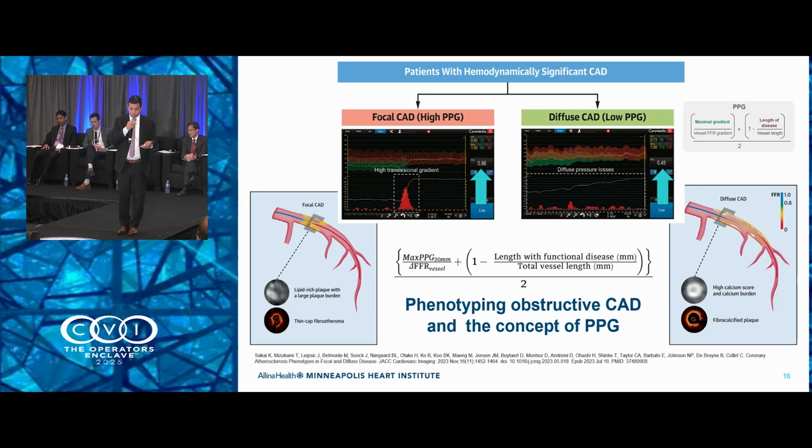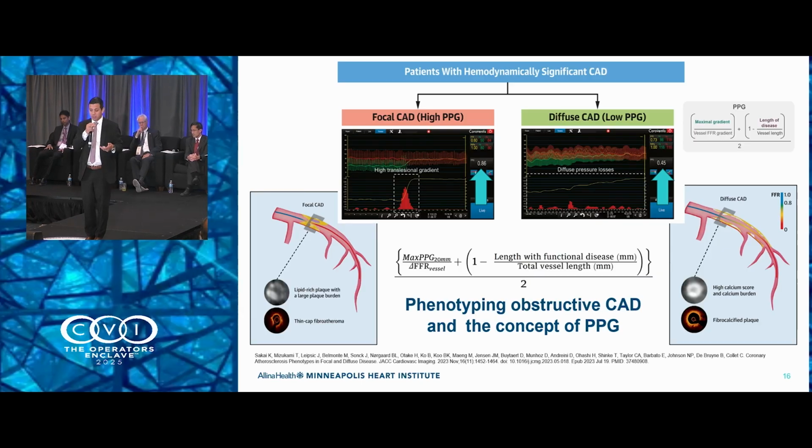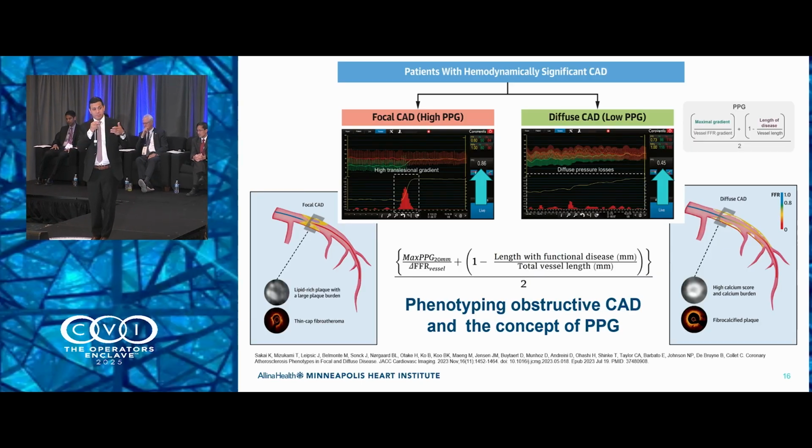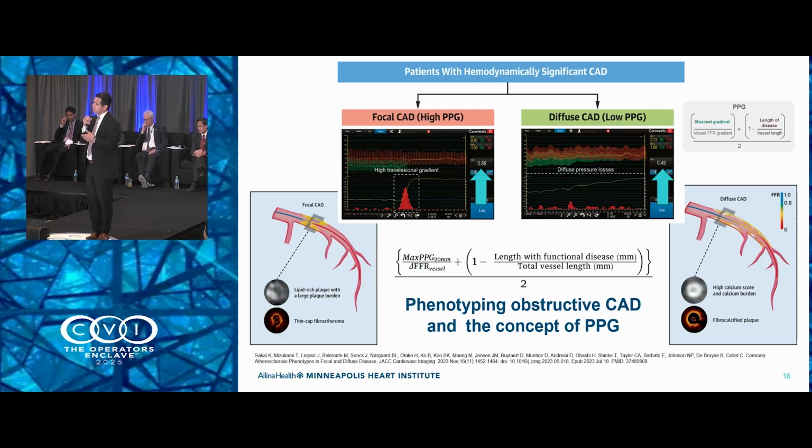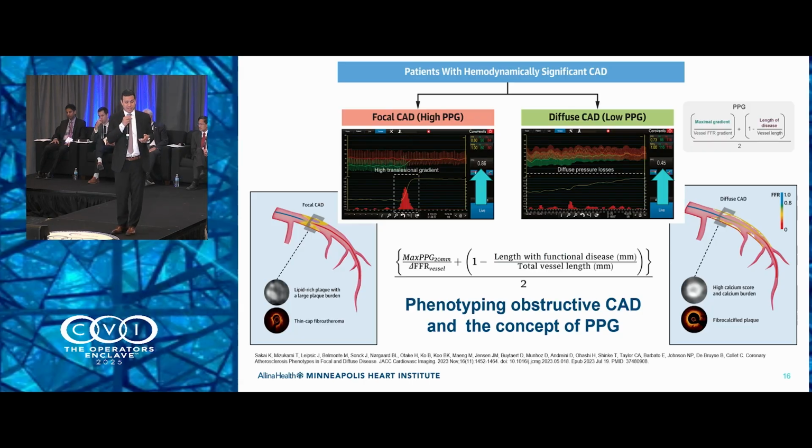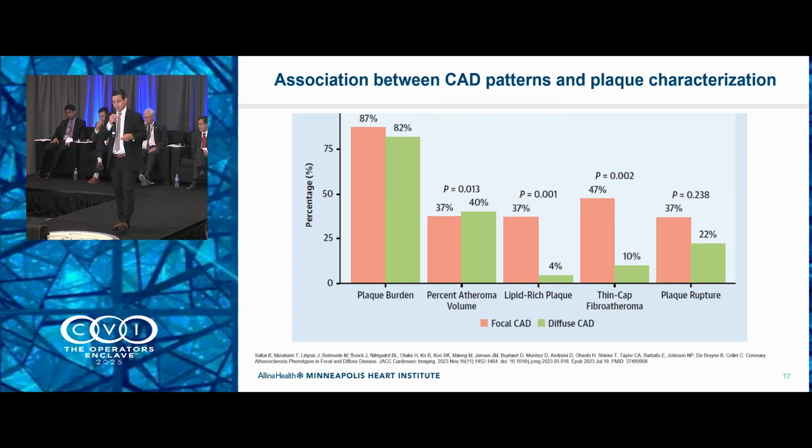What have we learned so far? Well, what we have learned is that this not only helps with physiology pattern recognition, but there's now imaging correlation from atherosclerosis that helps us understand that probably the reason revascularization may be better for focal coronary artery disease is because these are patients that have more lipid-rich plaque, more thin cap fibroatheroma, whereas patients that have the low PPG are mostly with diffuse coronary artery disease with more diffuse coronary calcium.